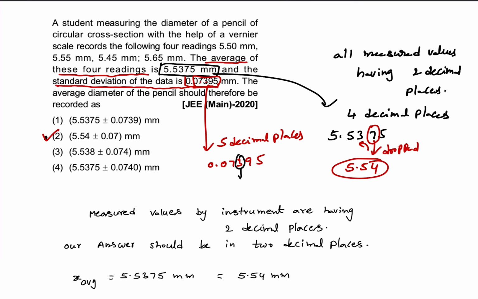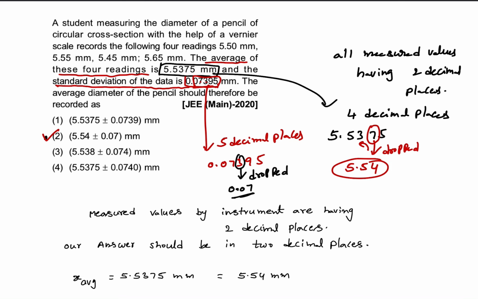But you don't want these 5 decimal places. In 0.07395, the dropping digit should be 3, and 3 is less than 5. So the preceding digit will not change. We get 0.07 only. So our answer is the second option.